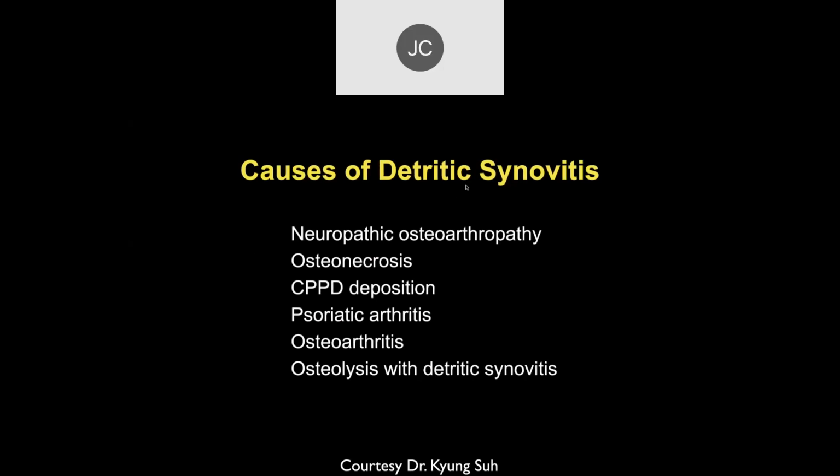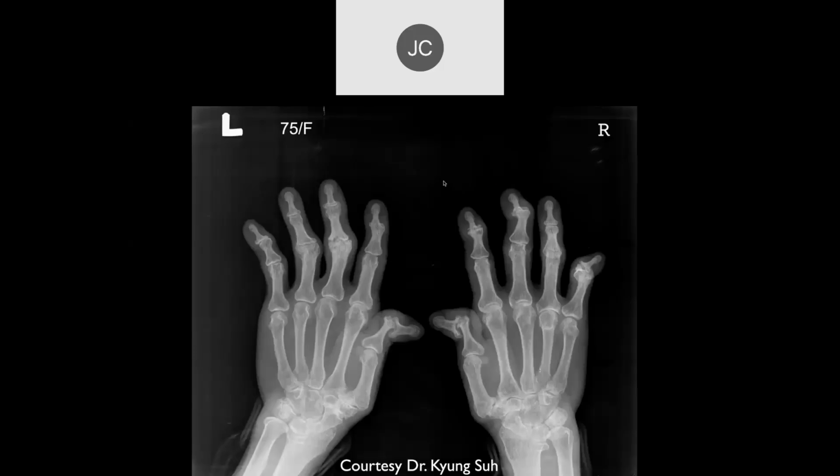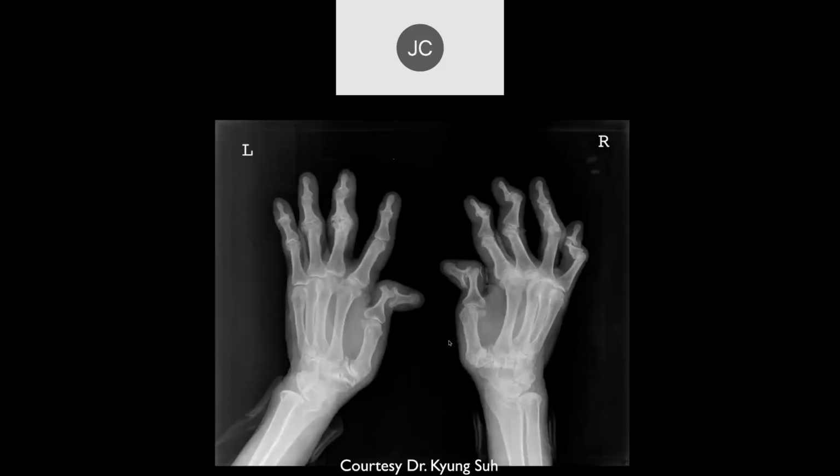So it's probably not a specific pathology. It's a finding that you see within the tissues when you have chronic repetitive trauma to a damaged joint. Here you can see on the plain films all these typical damaged joints, and this is a case where if you biopsied it, you'd probably come back with dendritic synovitis.